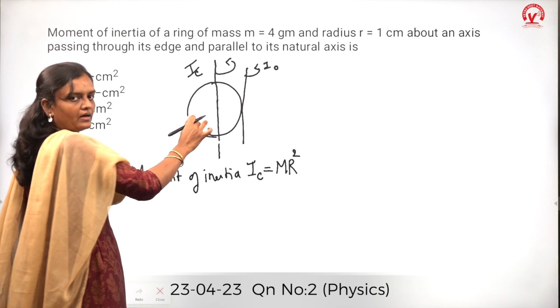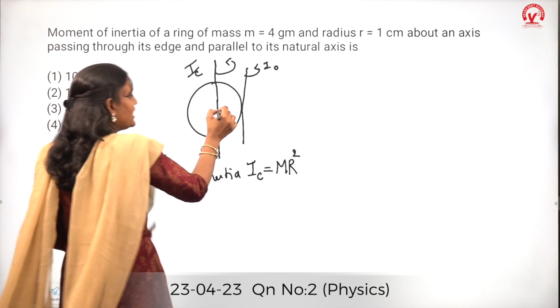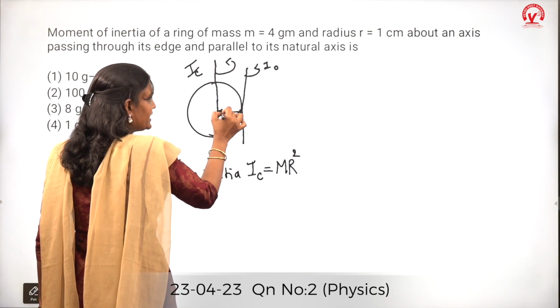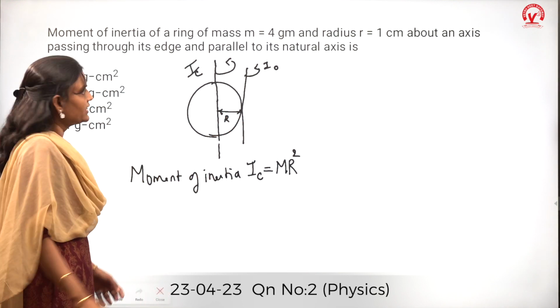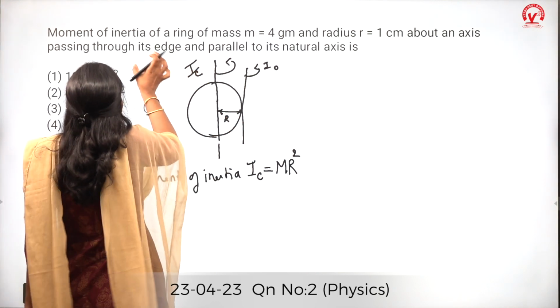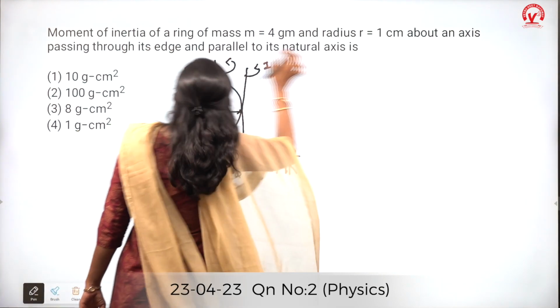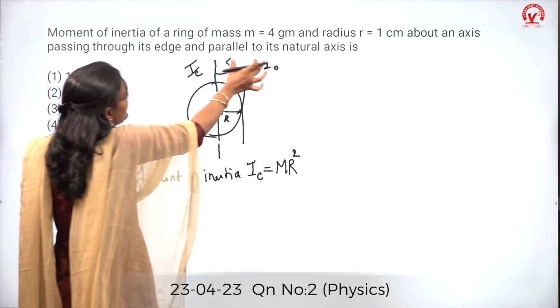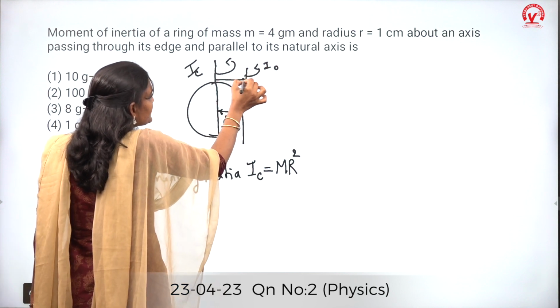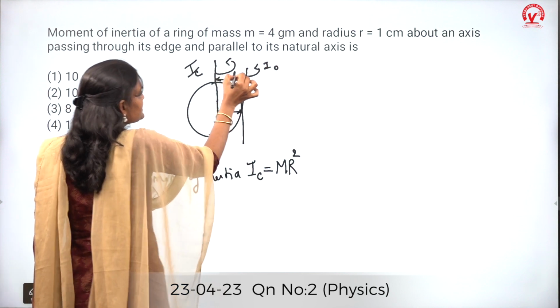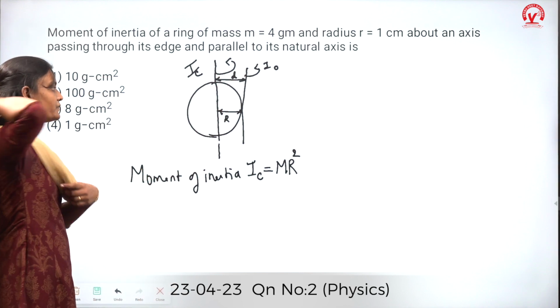M is the mass of the ring and R is the radius of the ring. Our aim is to find the moment of inertia about the axis passing through the edge and parallel to the natural axis. And this distance, I am going to take as small d.